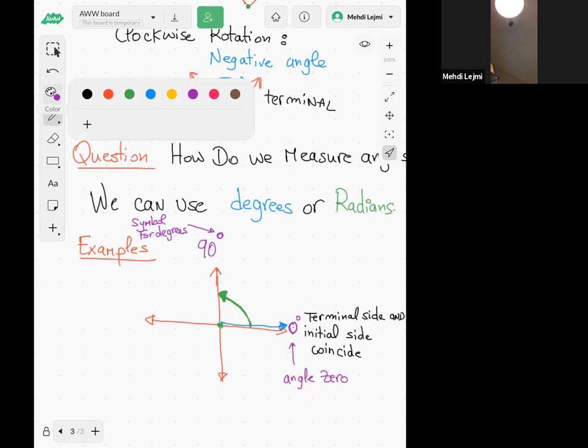Now, if you go from this initial side to the opposite one, so this yellow angle would be 180 degrees.